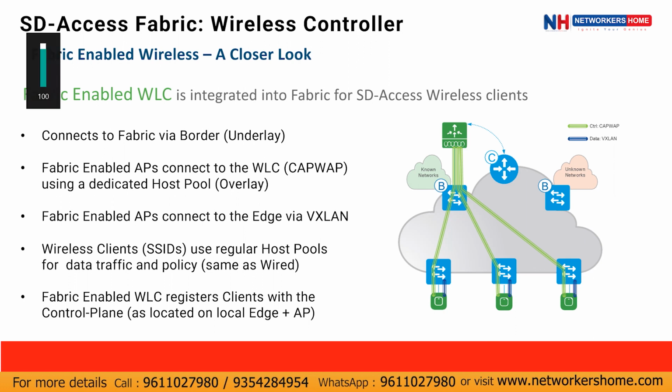Don't worry. Pranav, I don't understand the last point. What does it say, fabric enabled WLC registers clients with the control plane? I'm not very comfortable with the wireless side of it. No problem. Just relate this point to what I said. This edge will treat this wireless client the same as the wired client, because this access point is already forming a VXLAN tunnel with the edge node.